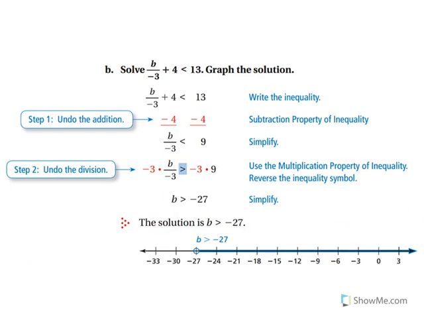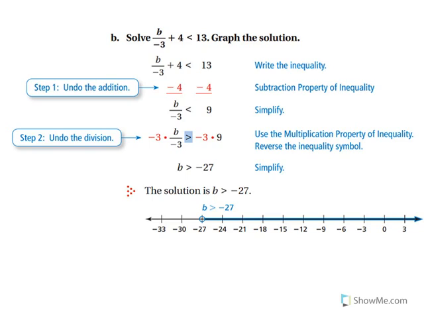I'm going to shift something real quick. Okay, and so for this example, we have b divided by negative 3 plus 4 is less than 13. And we are going to start off by undoing our addition by subtraction.